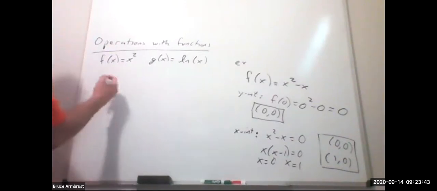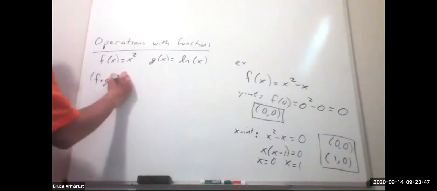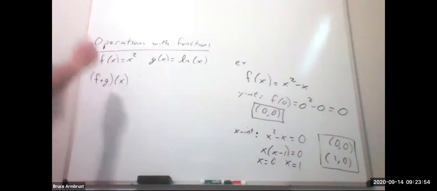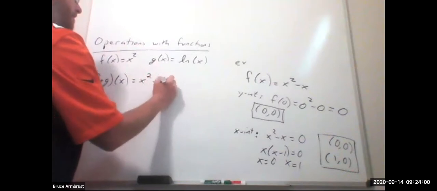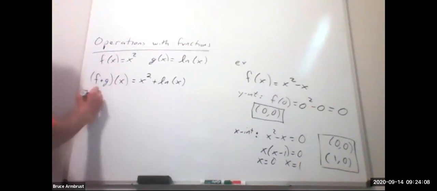So you can do the operations like adding. So you'll see f plus g of x means we want to add these together. And we literally take those two rules and we add them together. All right, subtracting, same deal.